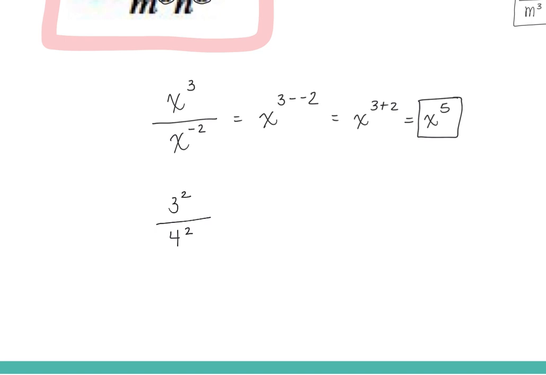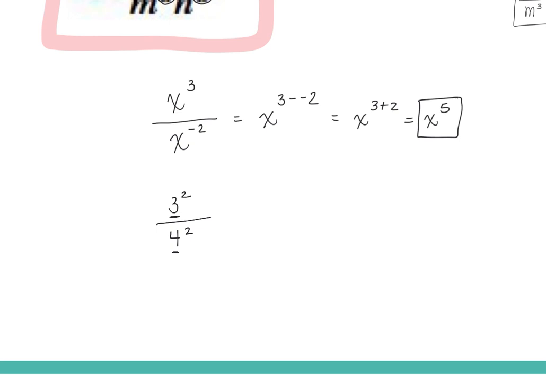Oh no, you have to add it because this is No. Rioni, what do you think? We have different bases. Do you see how the base on the top is a 3 and the base on the bottom is a 4? We cannot subtract these exponents. We should not get 3 to the 0, okay?